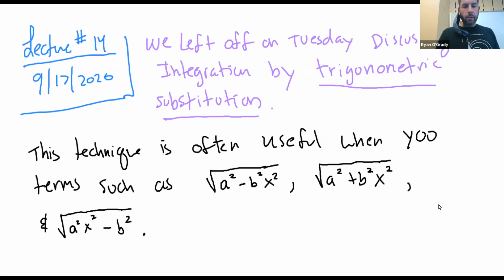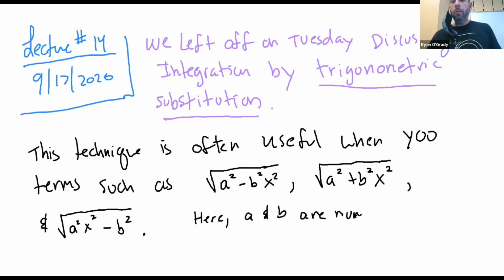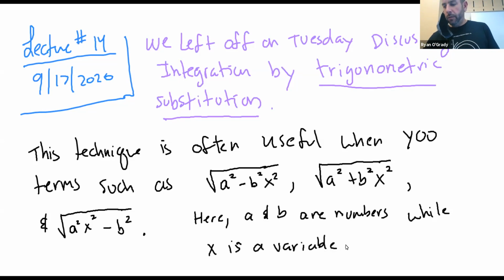The point is, and we'll state this specifically, A and B are numbers, while x is a variable. So I don't necessarily just have to use x. It could be any variable, but the point is to think about it that way.